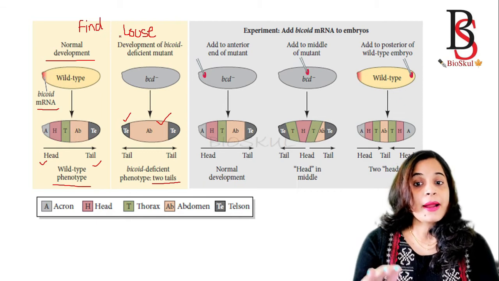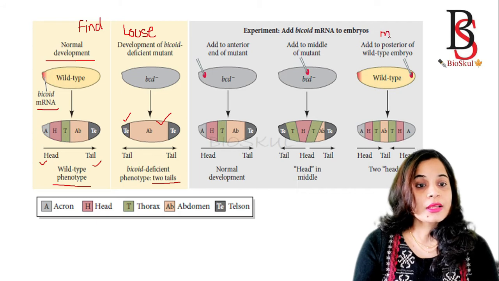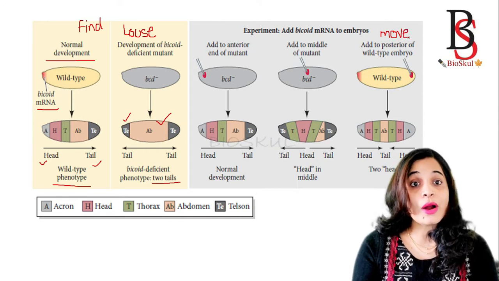Then find it, lose it and move it. This one is the move it. Move it means you move or inject the bicoid mRNA to another place of the wild type embryo.